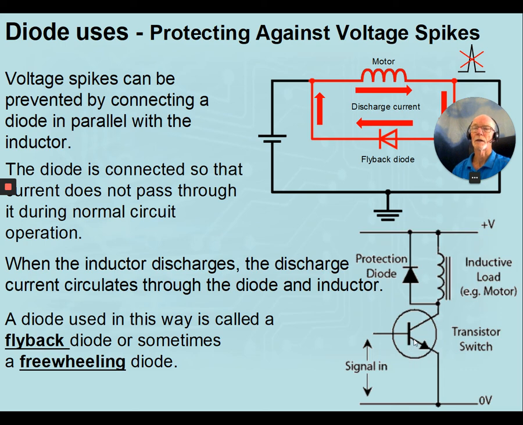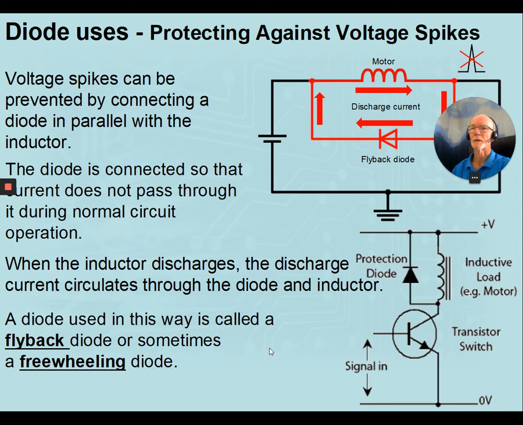So if we have a semiconductor device like a transistor, and we'll be looking at them later on in this course, when the transistor turns off and turns the power to our inductive load off, the reverse voltage gets shorted out by this protection diode, and any current just circulates around here till it dissipates. Right. So both of these circuits are either called flyback diodes or freewheeling diodes. Those are the two names that are given to them.